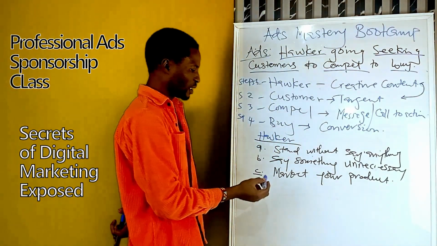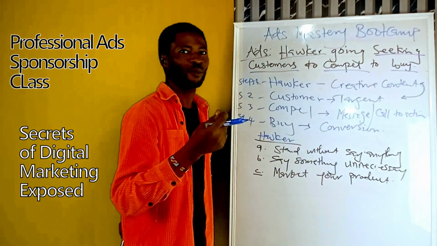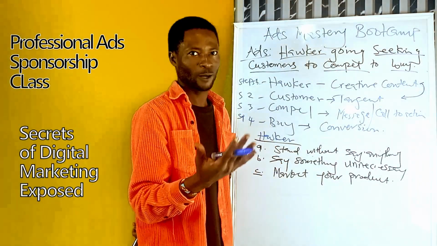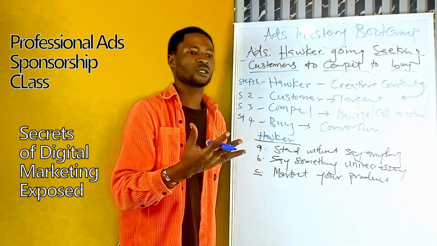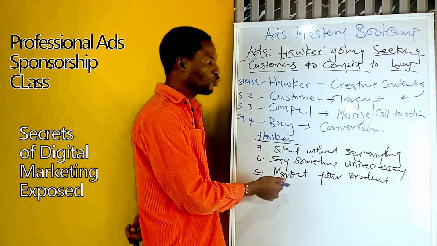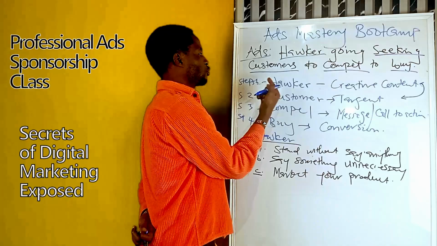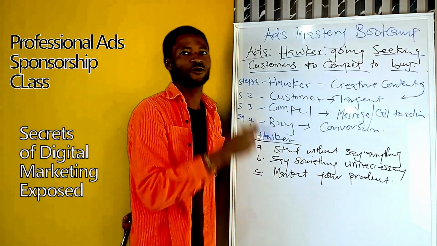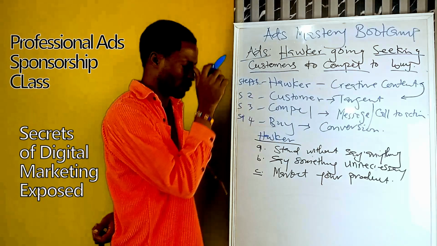If your picture is not marketing your product, you will run ads, you will spend money, but you will not have the outcome that you are looking for. When you look at all these adverts about running ads, they just teach you how to run ads. They don't look at all of these things, because you can actually run ads and get to stage one and two, but you will not get to stage four. And it's at stage four that you begin to make profit.